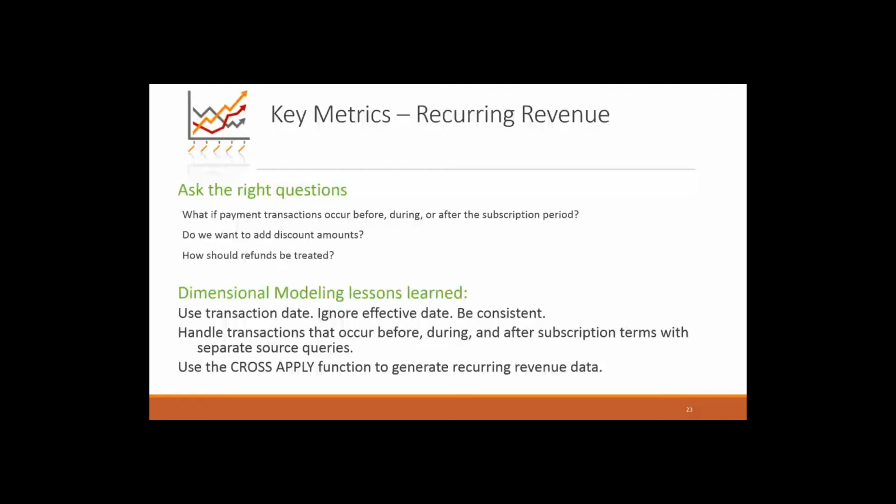Handle transactions that occur before, during, and after subscription terms with separate source queries. So you want to keep your queries organized in a way that can be handed off.